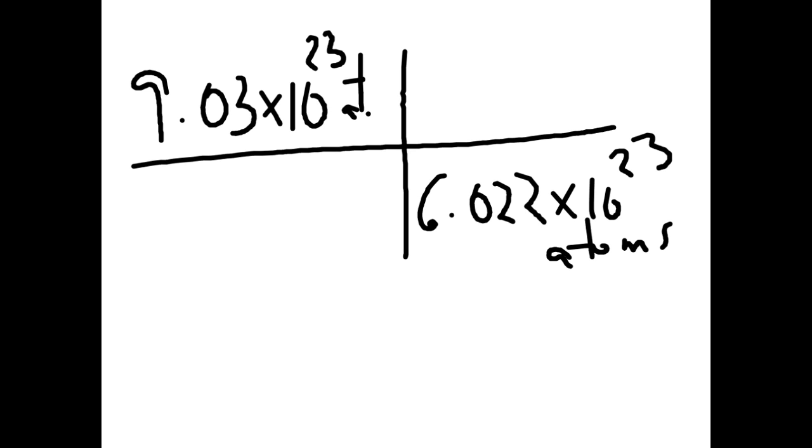Everybody did that? Good. And where are we going to go? Moles. So now remember the definition. This many particles are in moles. So that's the thing about chemistry, the best part about it is it's logical. If you like logic, you will like chemistry.